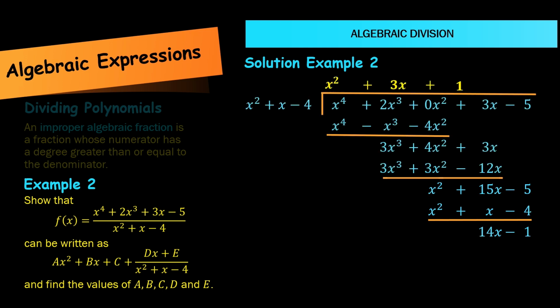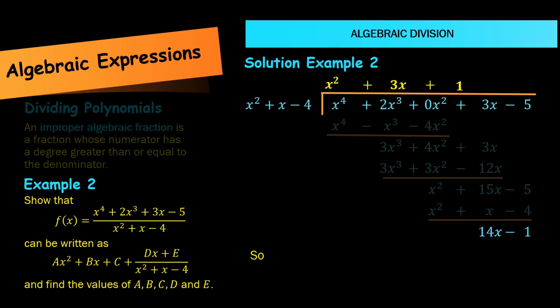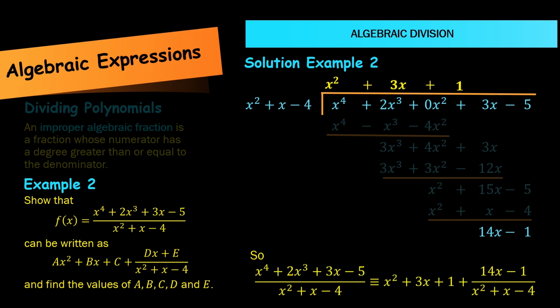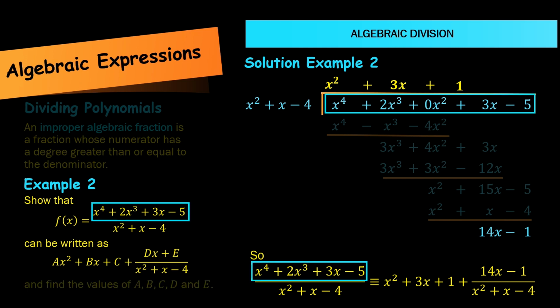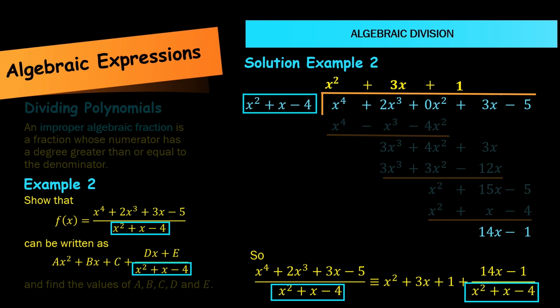And therefore, we can re-express our polynomial divided by our divisor as x squared plus 3x plus 1 plus 14x minus 1 all over x squared plus x minus 4. Here's our polynomial, here's our divisor, here's our quotient, and here's our remainder.